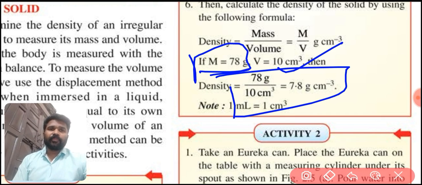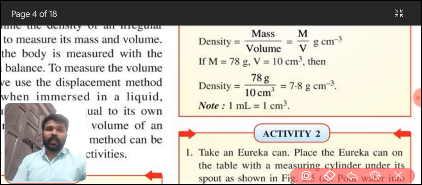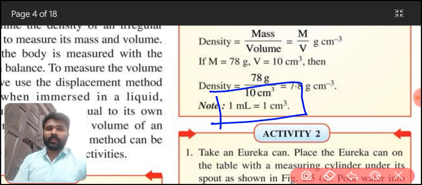What will be the density? 78 upon 10 centimeter cube, that is equal to 7.8 gram per centimeter cube. Okay students, because 1 ml is equal to 1 centimeter cube.